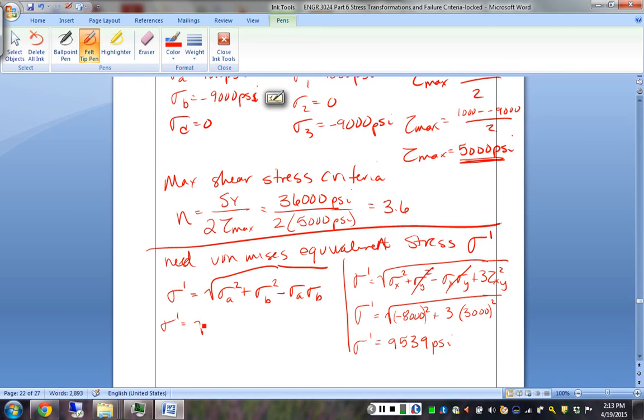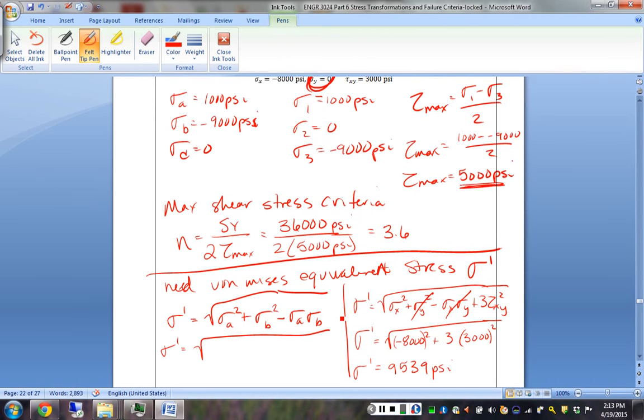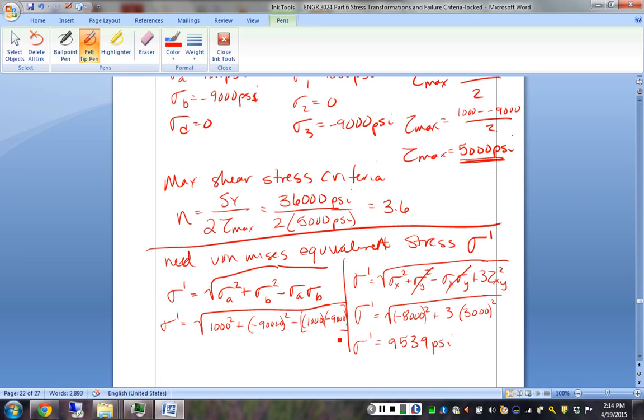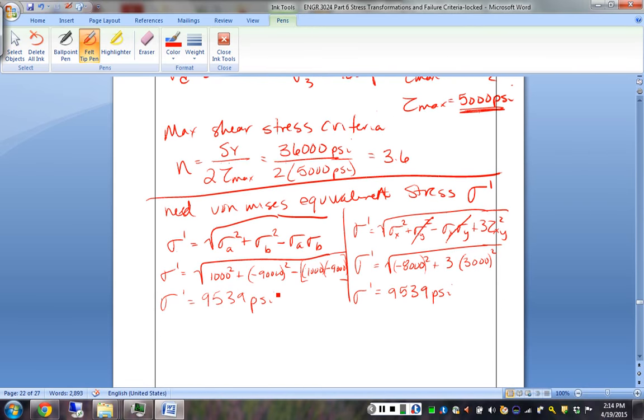If we come back on this side and use our sigma A and sigma B, sigma A being 1,000, so 1,000 squared, sigma B is minus 9,000, and then minus the cross term, 1,000 times minus 9,000. And doing the math, you end up with the same number, either way.